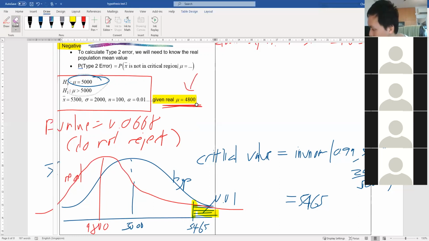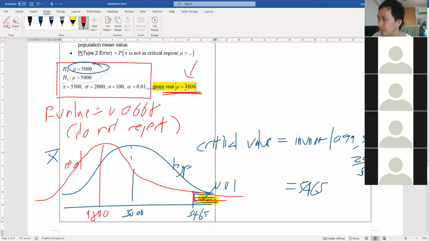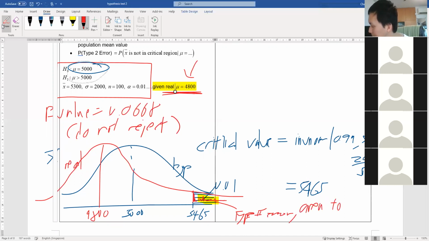So the type 2 error is actually here: the area of the critical region under the real curve.